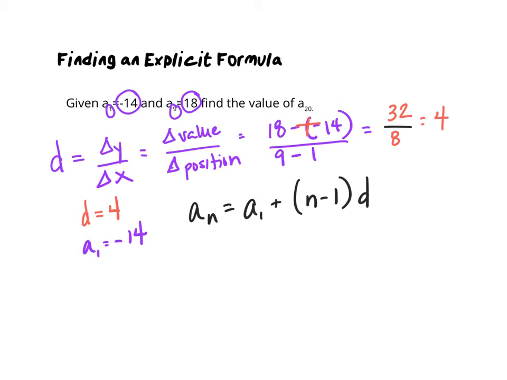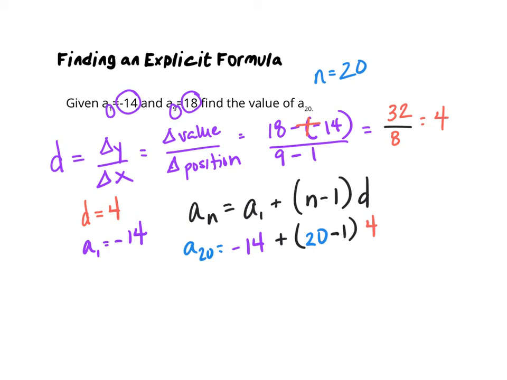We have D, we have A1, and we're trying to find An for A20. So we want to find A20, so that means that my n is equal to 20. So A20 is equal to A1, negative 14, plus n, which is 20, minus 1, times D, and we found our difference to be 4.